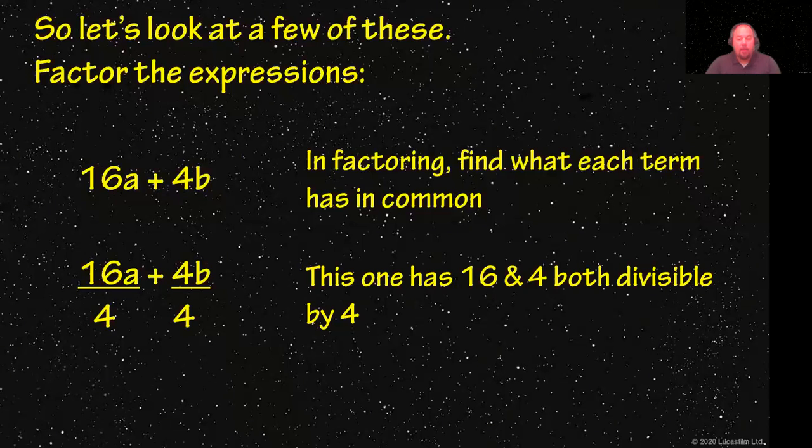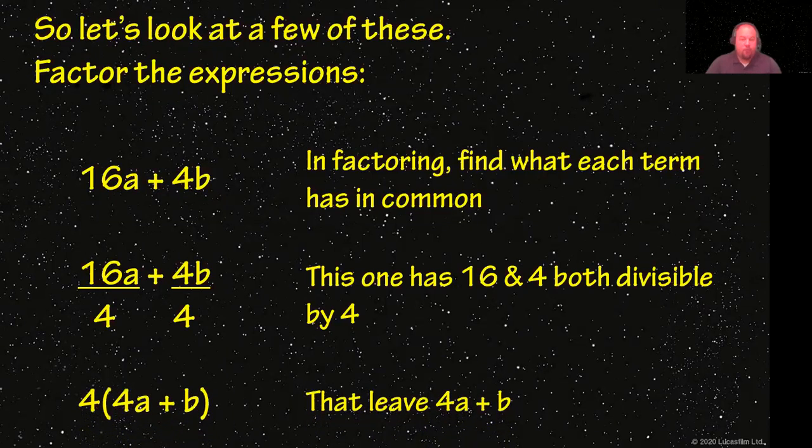That leaves me with 4(4a plus b). And if you notice, I put parentheses because all I did was take that 4 out of the problem and put it on the outside, and I simplified, because I factored out the 4. That leaves 4a plus b. And the way you can check this, you just multiply it back in.